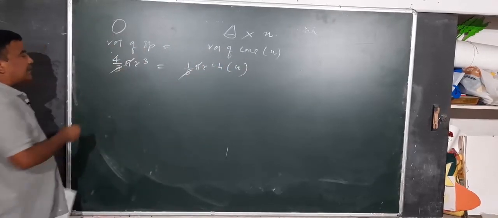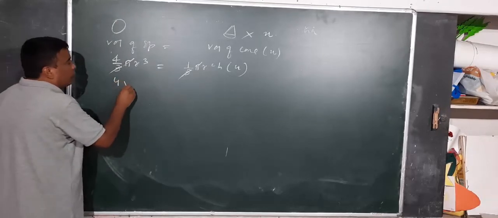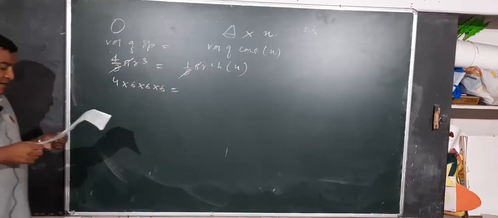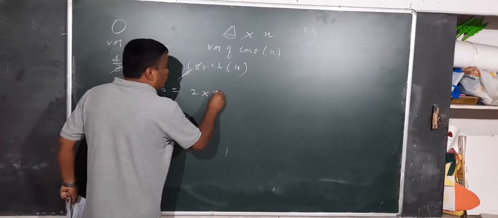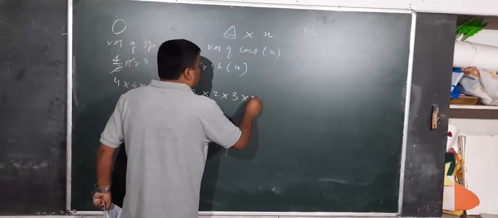These two will get cancelled. So what is the radius of the sphere? Which is 6. 4 into 6 into 6 into 6 equals, what is the radius of the cone? 2 into 2. What is the height? Height is 3 into x.